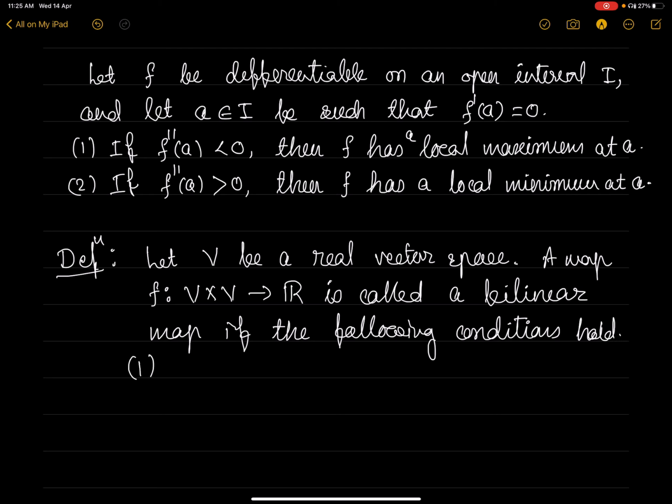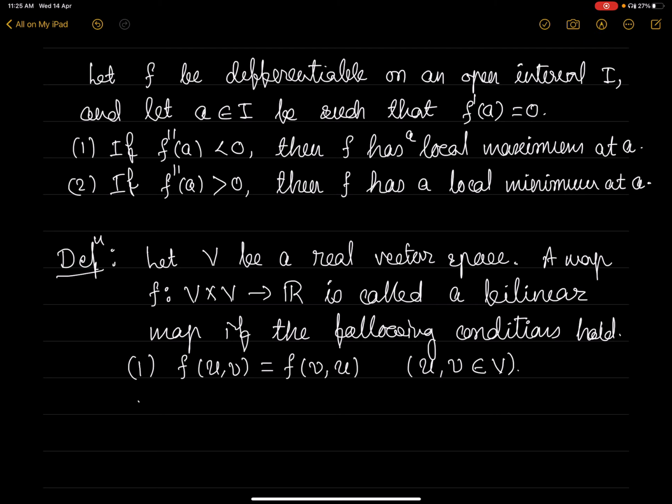The first one, f of u v is the same as f of v u for all u, v in the vector space V.